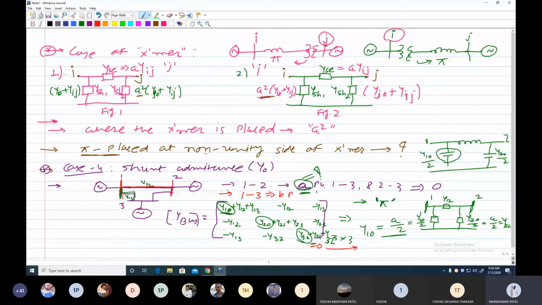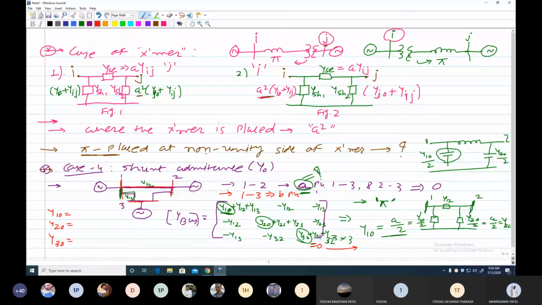Now, who will help me write down the equations of Y10, Y20, and Y30? Y10 is the total shunt admittance connected at bus number 1. Y20 is the total shunt admittance connected at bus number 2, and Y30 is the total shunt admittance connected at bus number 3.